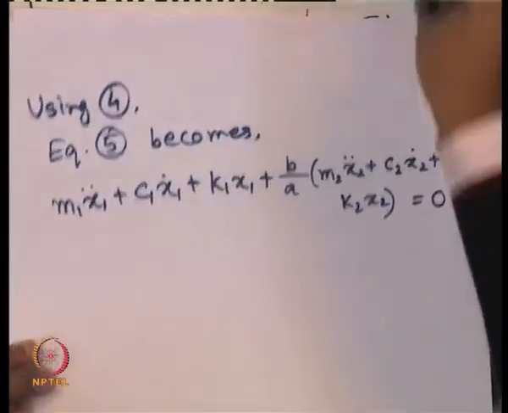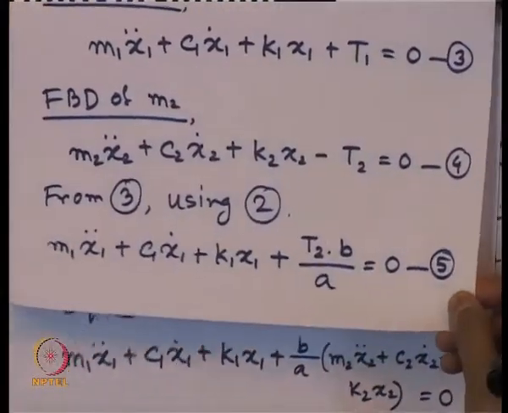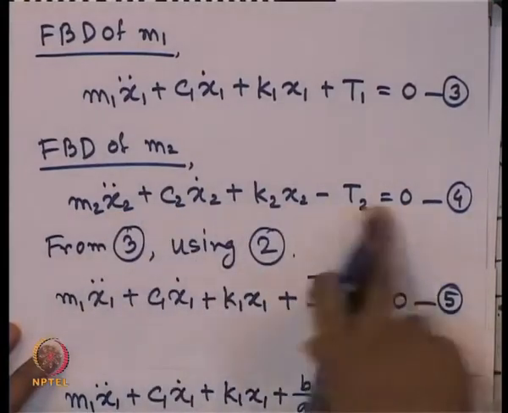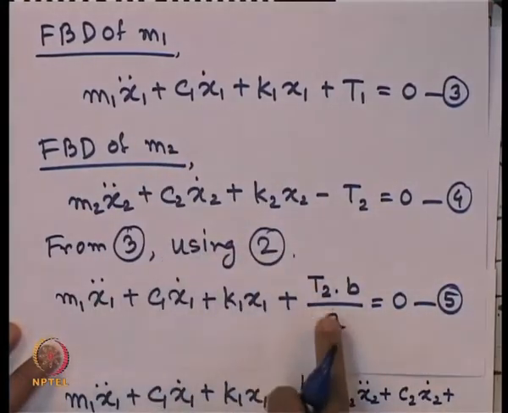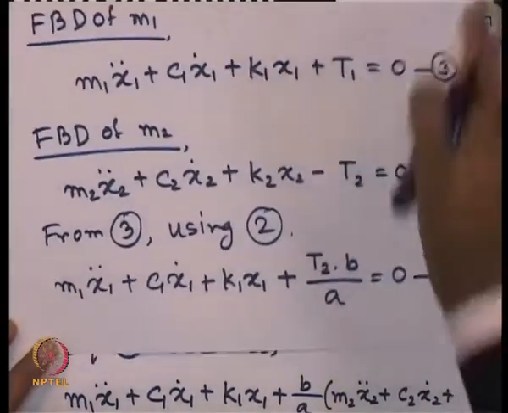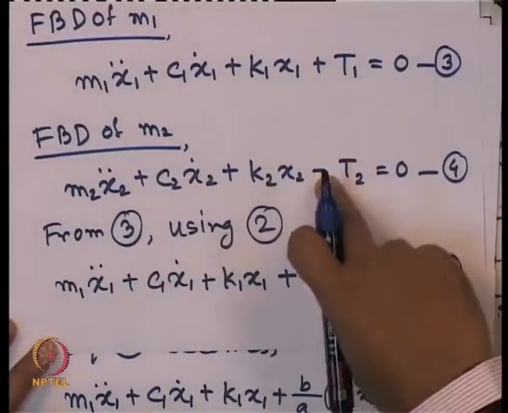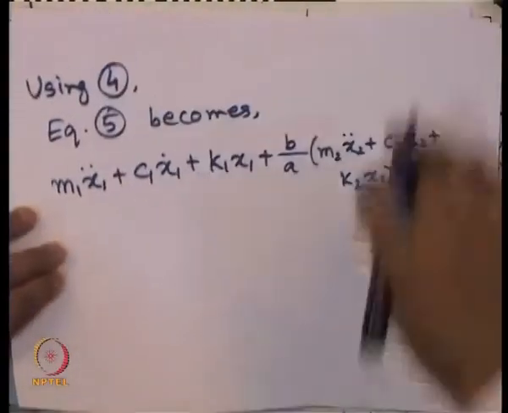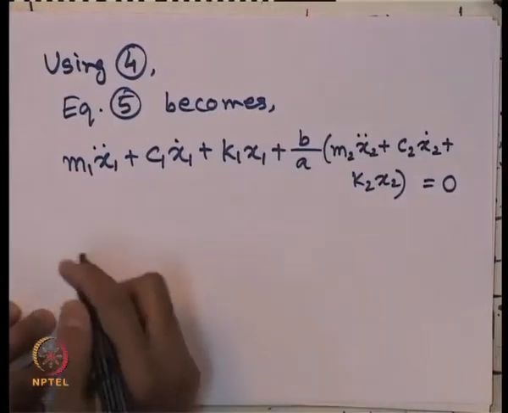How did we get this? Look here. This equation 4, that is T2 equals this, we are putting in equation 5. So, that is why we got this B by A times T2, which is this part. Hence, it becomes like this.